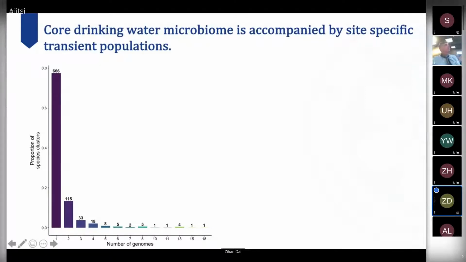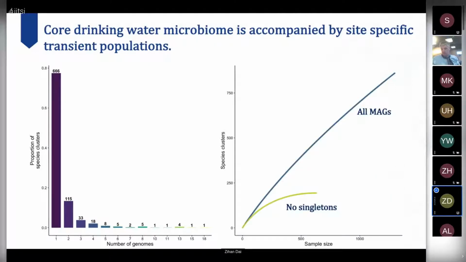So this bar plot shows the number of genomes included in each species cluster. Here we can see 666 species clusters out of 860 contain only one genome, which were regarded as singletons. So based on this, we constructed rarefaction curves based on all MAGs and MAGs without singletons.